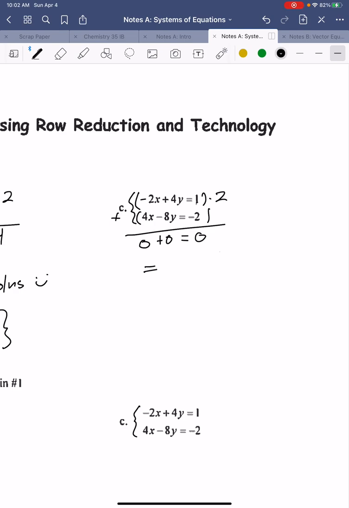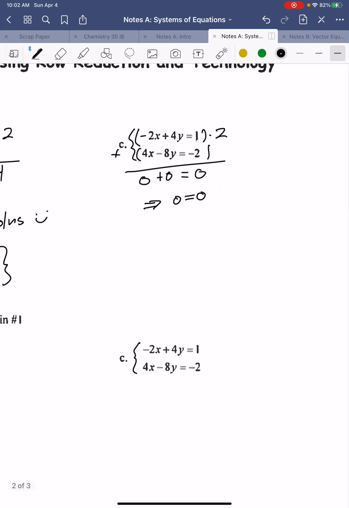So that means 0 equals 0, and that means that there are infinitely many solutions. This means that there are infinitely many x values or y values that can satisfy this equation.